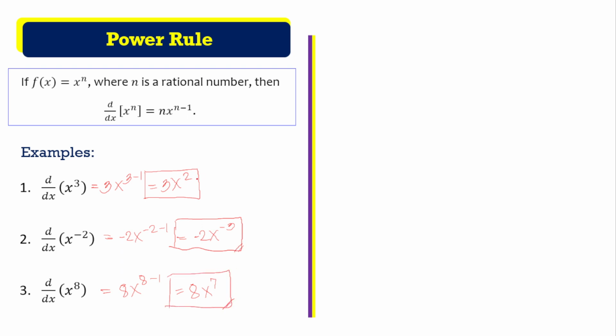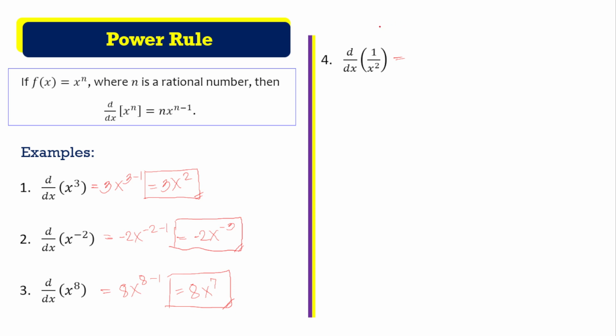Right? Now, another example. What if we have an expression in fraction form, the derivative of 1 over x squared? First, you need to rewrite this 1 over x squared.